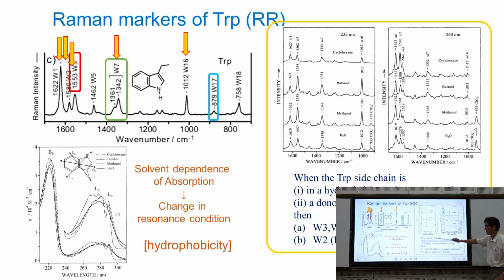Okay, there are many conditions, but if the side chain satisfies these conditions, then we can interpret Raman intensity by considering hydrophobicity change. This is one method to use Raman spectroscopy in protein structure analysis or protein environment analysis.